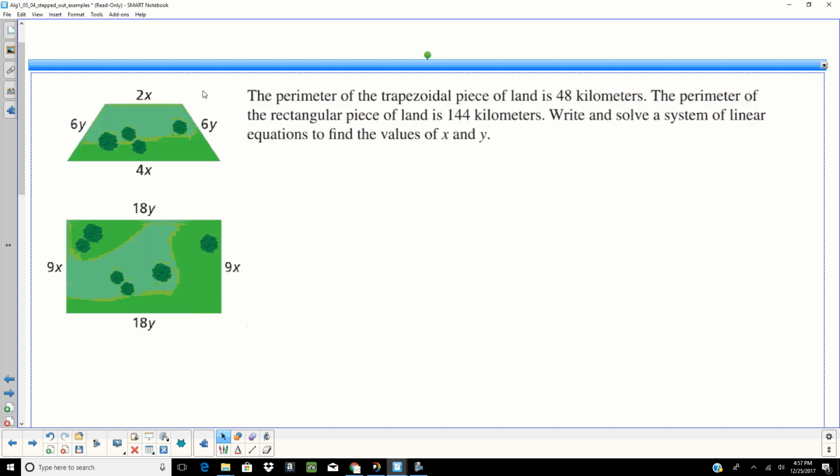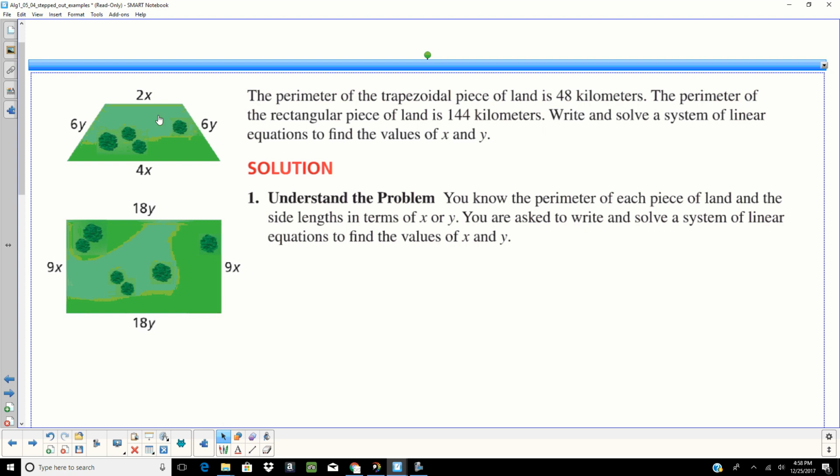So let's do our word problem. The perimeter of a trapezoidal piece of land, that's that first one, is 48 kilometers. The perimeter of the rectangular piece is 144. We want to write and solve a system of linear equations to find the value of x and y.